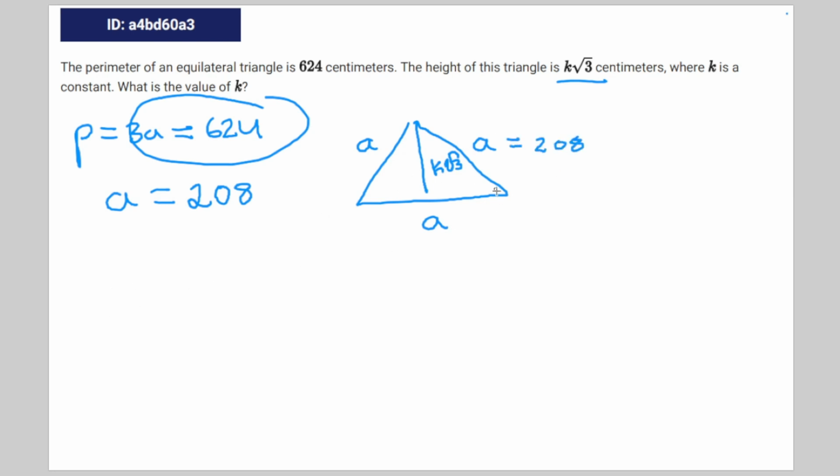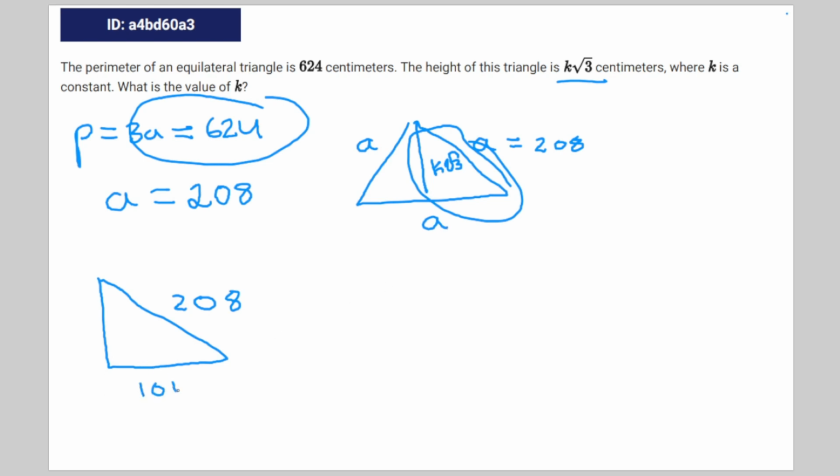And let's just model out this right triangle in particular. The hypotenuse is 208, and then the base is A divided by 2, because it's split down the middle, so that's going to be 104. And then the height is given as k times the square root of 3, but we want to find k. To do this, we can use the Pythagorean theorem.